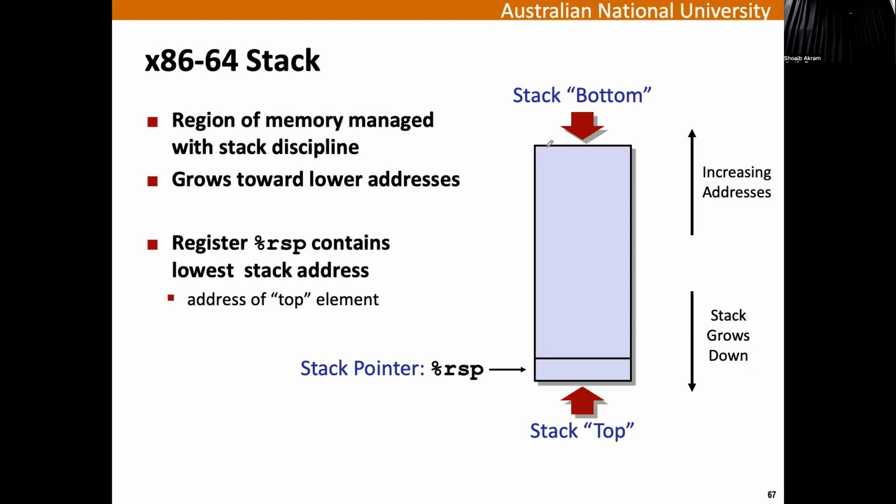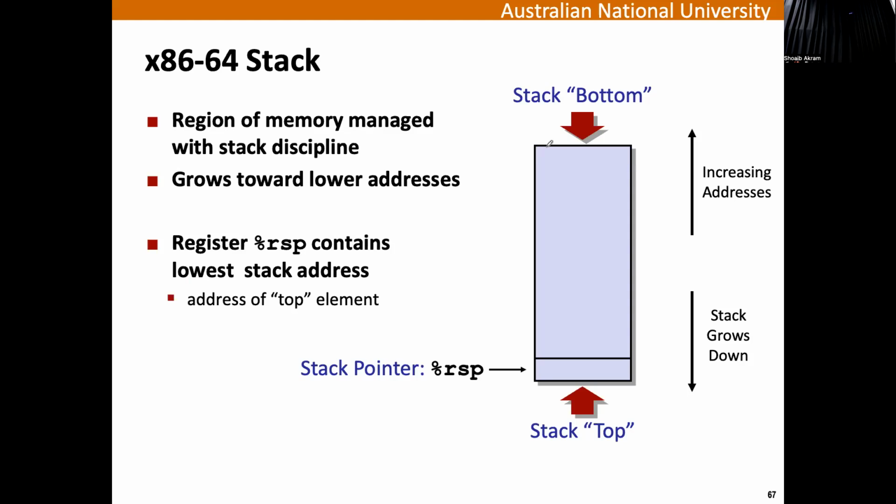Whenever we push something on top of the stack, stack pointer decreases by, well, this is a 64-bit architecture. Each address is 64 bits, and each object on the stack is 64 bits.